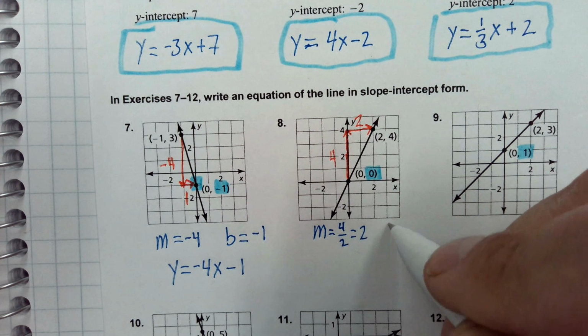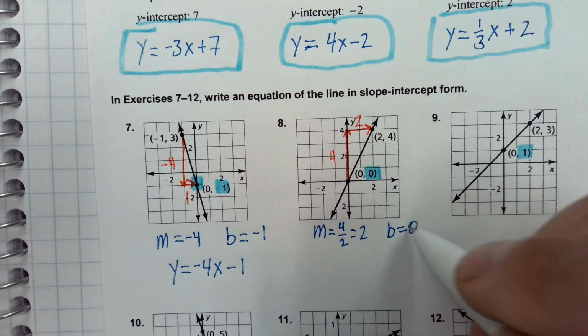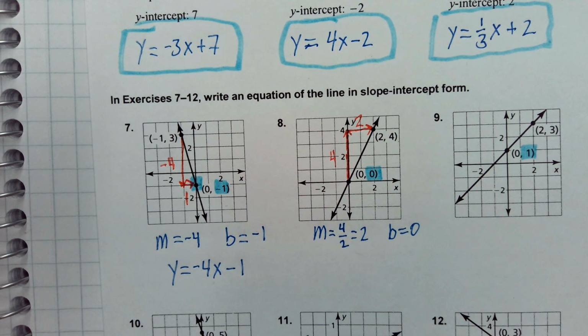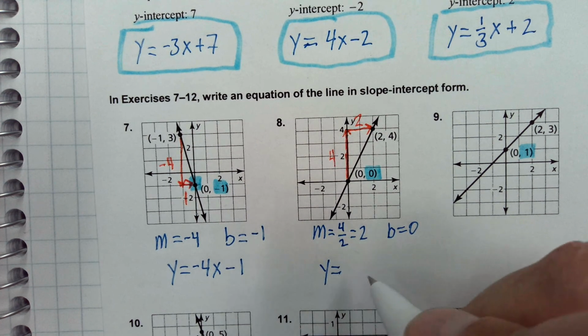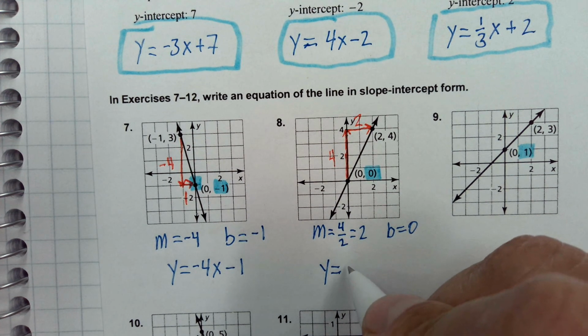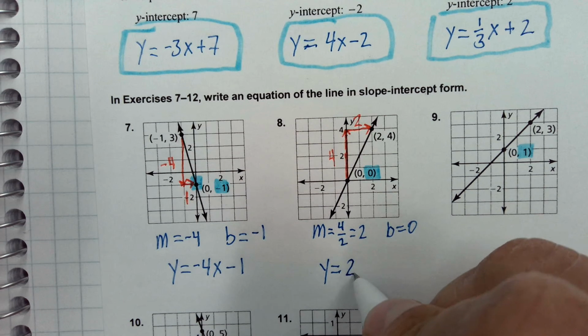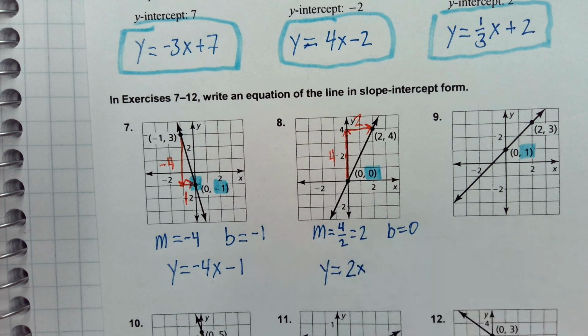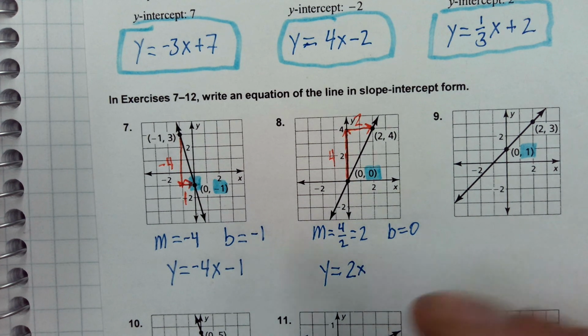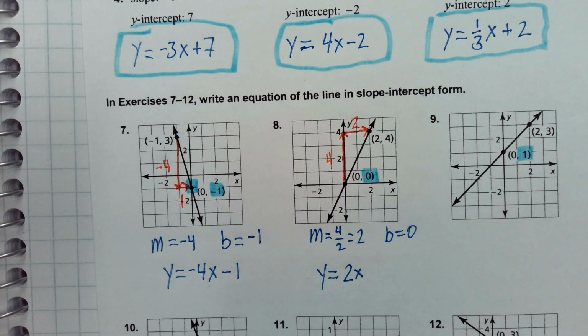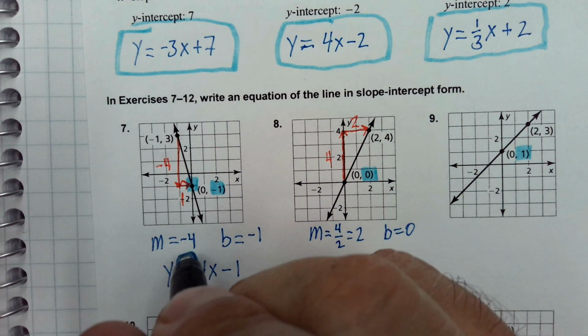And the y-intercept is 0. Y equals 2x. I could put +0, but I could just leave it without it, right? Yeah. It's better to write it without the +0.